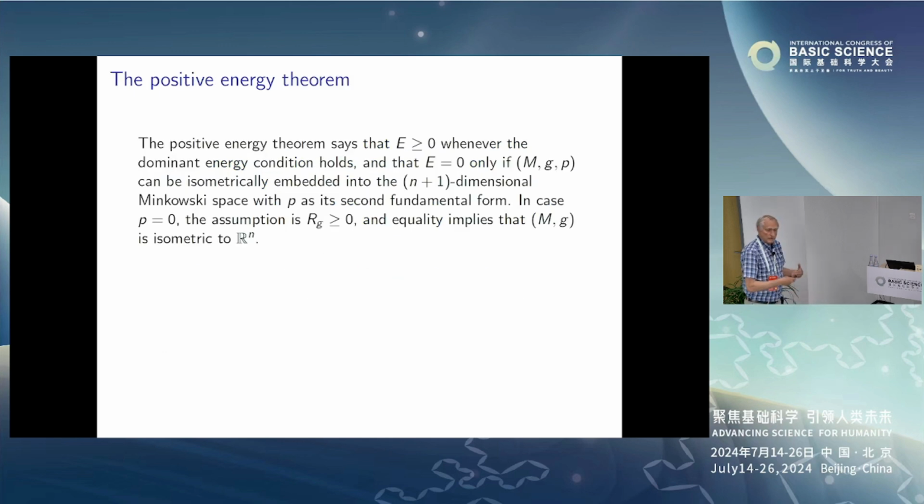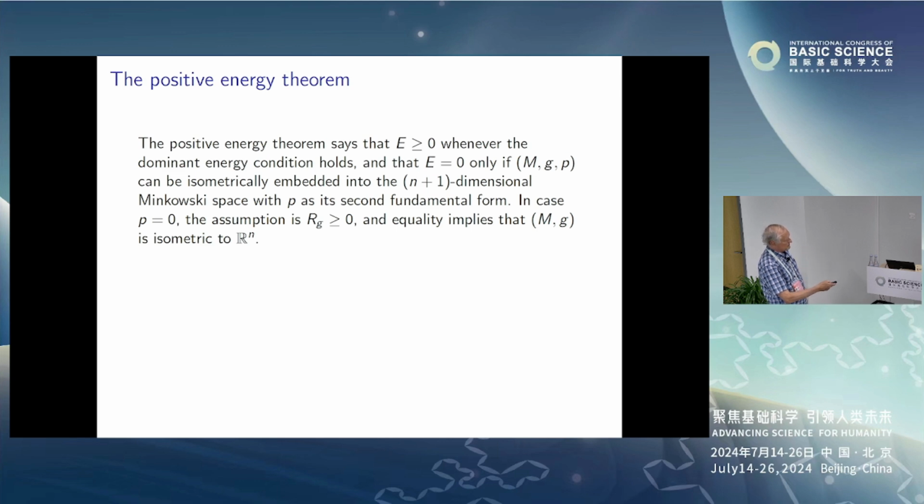Okay, and so an important result about asymptotically flat spacetimes is the positive energy theorem. It says that this energy, which was written on the previous slide, assuming the constraint equations hold, is greater than or equal to 0. In fact, it holds whenever the dominant energy condition holds.